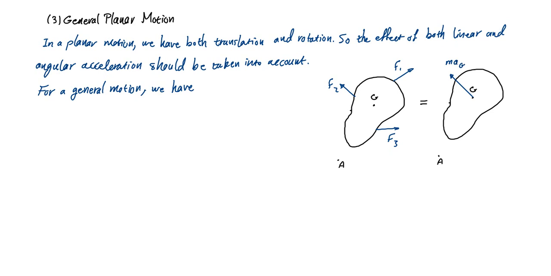It's a vector. And it has some angular acceleration. Let me see if I can make it a little better. Put it closer to where this is. And that would be I, the mass moment of inertia around the center of gravity, times angular acceleration.